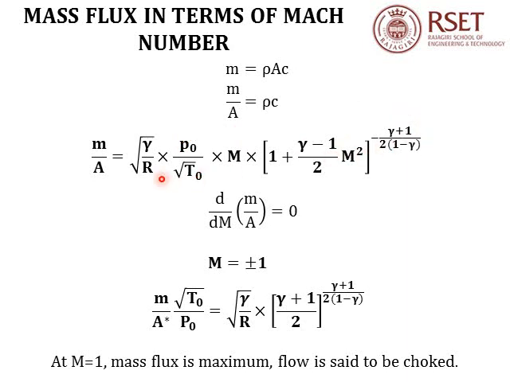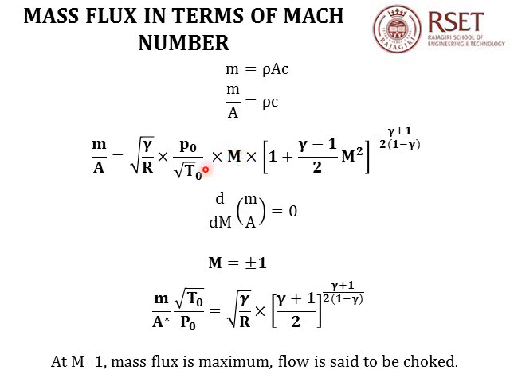In this, what we have is gamma and capital R, which are fixed for a particular gas. P0 represents the maximum pressure, that is the stagnation pressure. T0 represents the maximum temperature, that is the stagnation temperature, which are constant for an isentropic fluid. And the only variable term in this equation is Mach number.